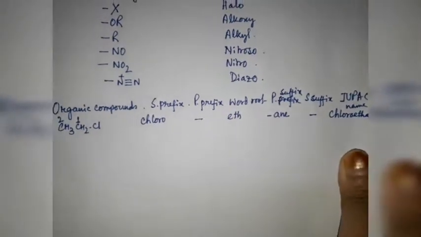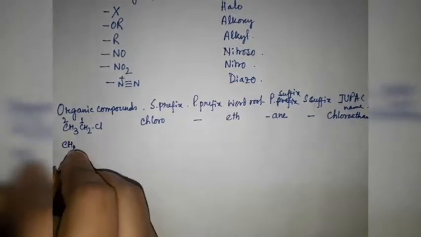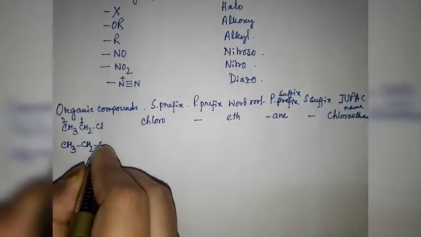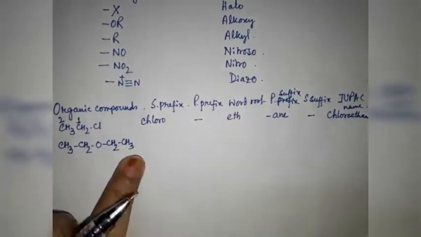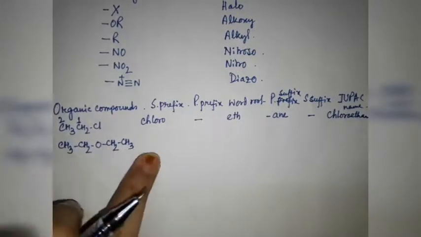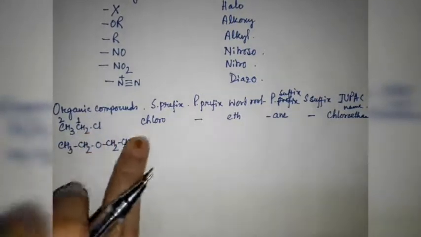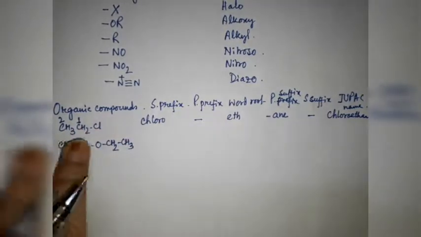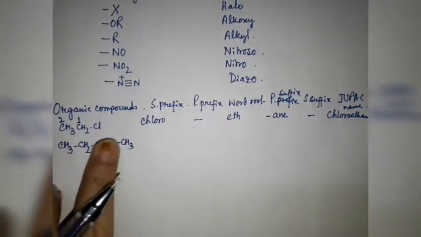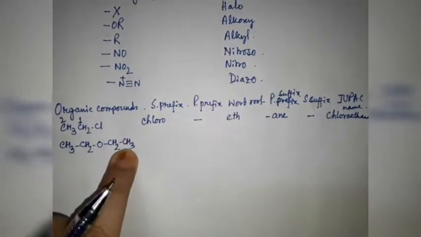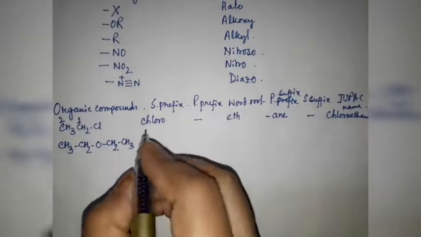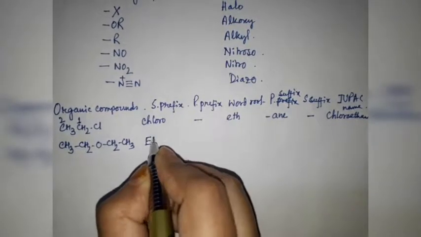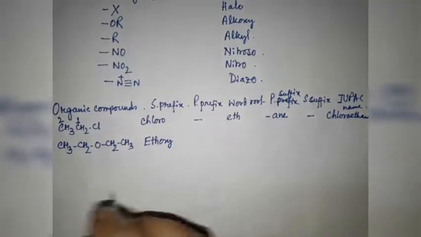Okay, next, CH3CH2OCH2CH3. Generally we know that this is an ether and this is diethyl ether, but if we think that this is OR group and this is the parent chain and this is the substituent, so this is OR, right? So alkoxy, that means in this case ethoxy. So the secondary prefix will be ethoxy.